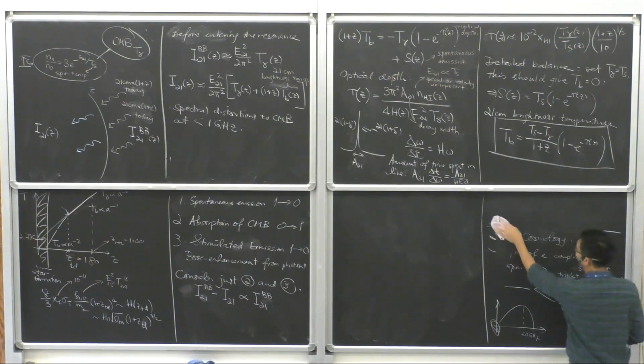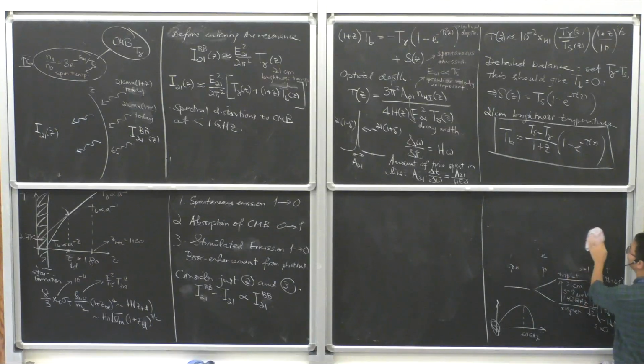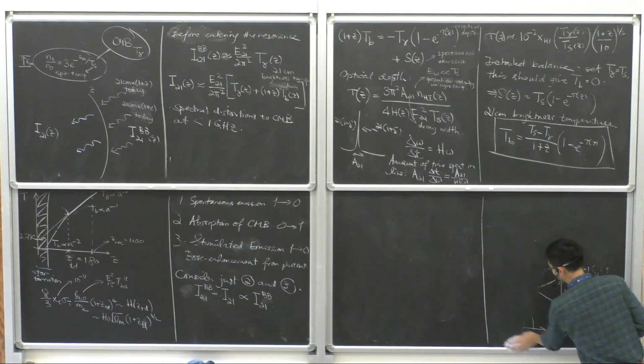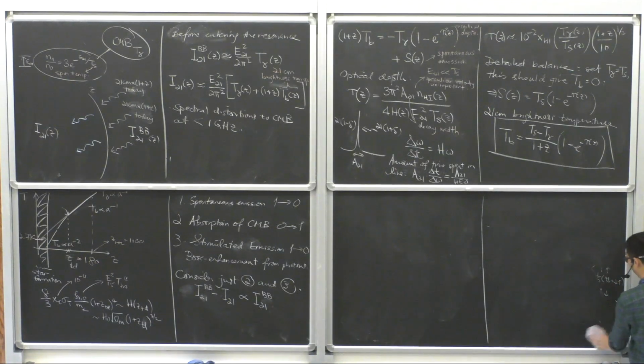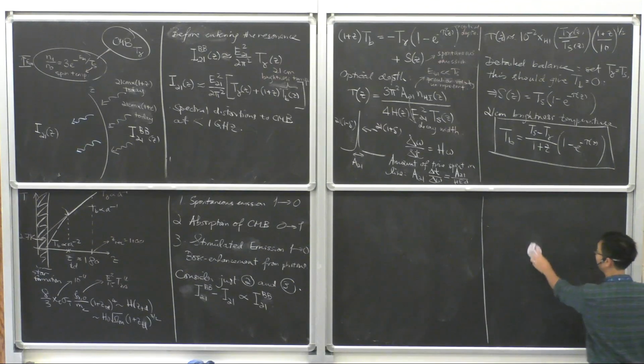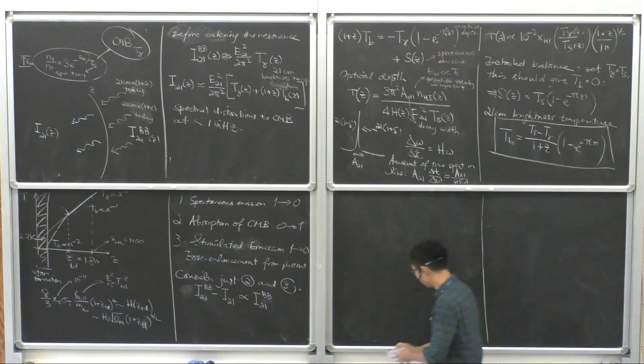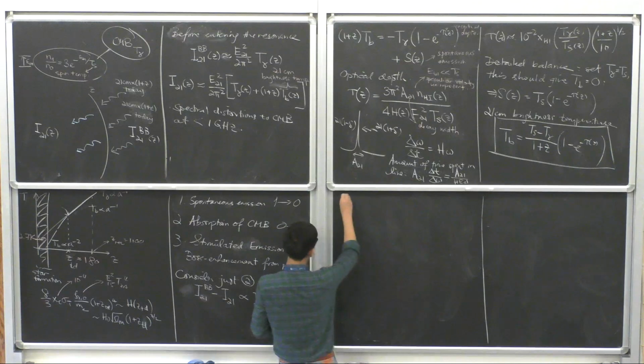Okay, so in order to get the brightness temperature, we've already sorted out tau of Z, the optical depth. In the optical depth expression, the only thing that we need is TS, the spin temperature. And so now I'm going to talk about the spin temperature.